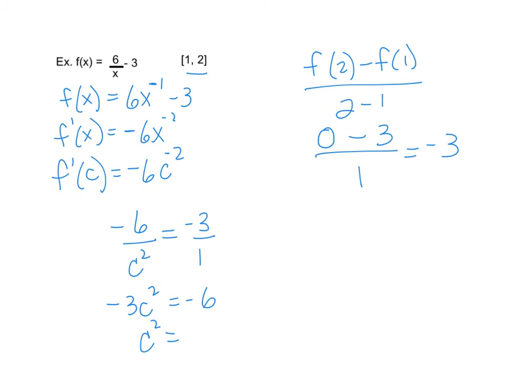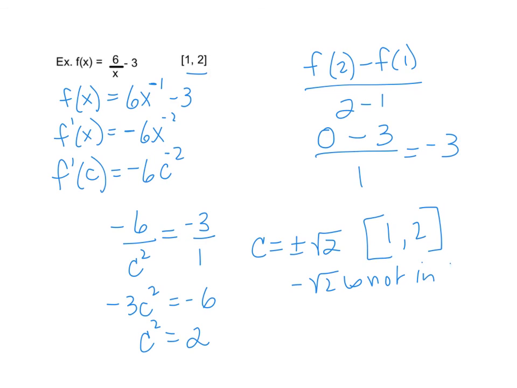C squared is 2. So c is going to be plus or minus the square root of 2. All right, and then I'm going to check my interval. And I can see that negative square root of 2 is not in the interval. So square root of 2 is going to be my answer.